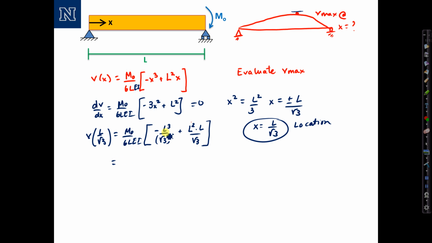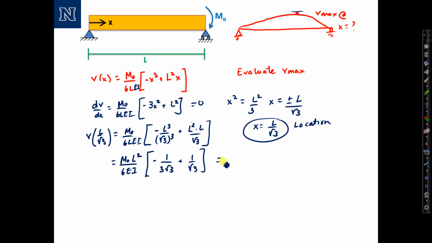L cubed over L gives me M0 L squared over 6 EI, then negative 1 over 3 root 3 plus 1 over root 3.